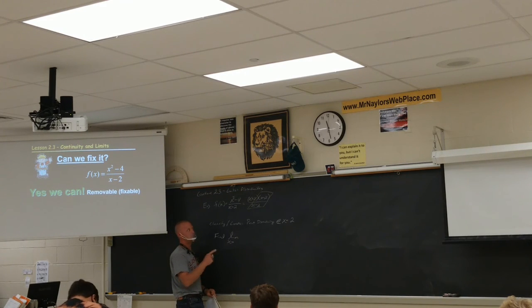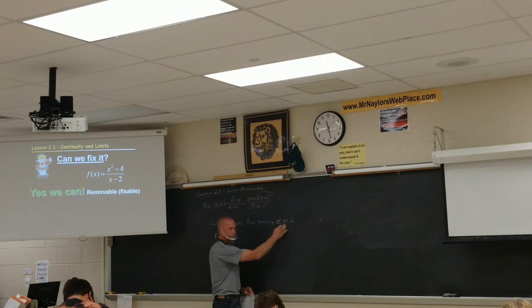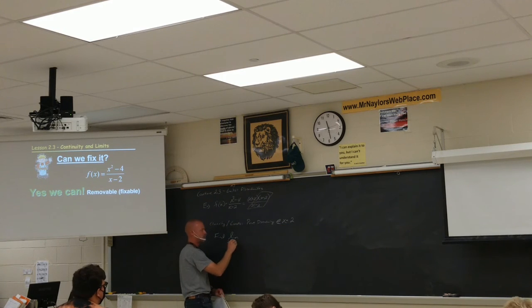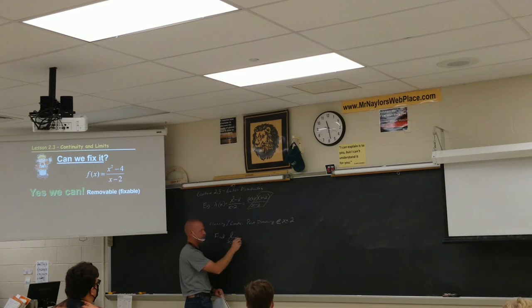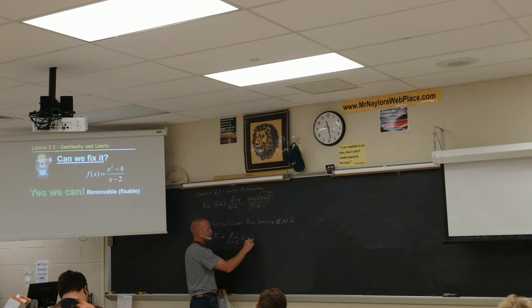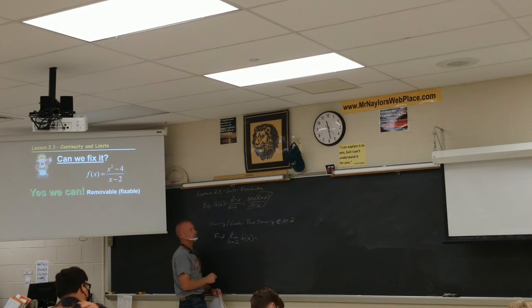It's not supposed to be a trick question, but it's the place where I have my discontinuity, x equals 2. So when I write the limit as x approaches 2, that took a little thinking about what's going on in this problem, because that's where the problem is. Now, the limit as x approaches 2 of f of x. We have to find it.